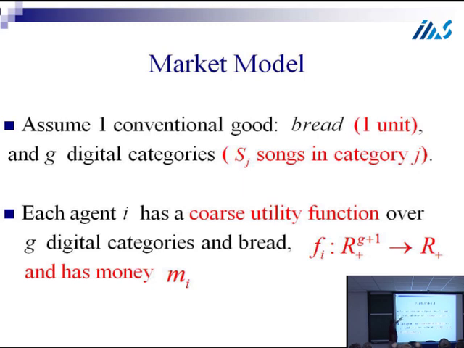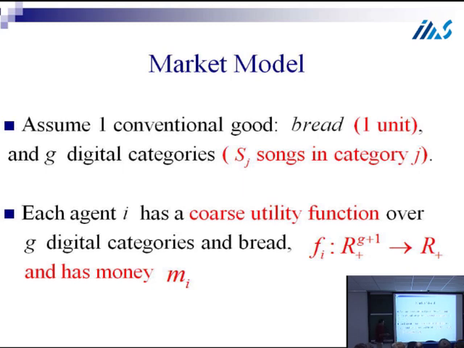I'm going to assume one conventional good, and I call it bread, just to show you that in this model, a conventional economy is built hand in hand with the digital economy. You could have put, instead of one good, any number of goods here, but that's just for illustration. And there are G digital categories.